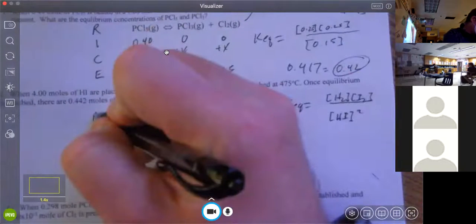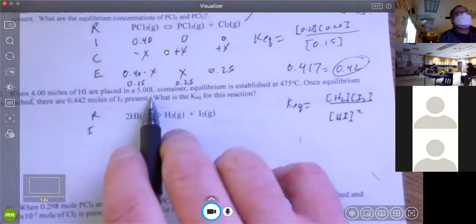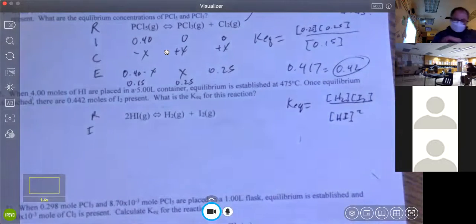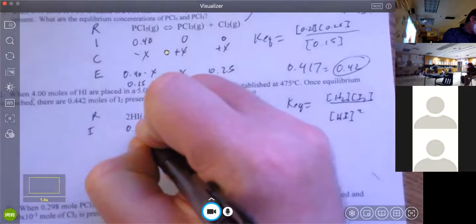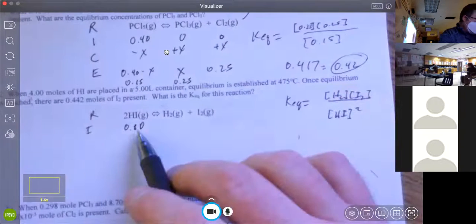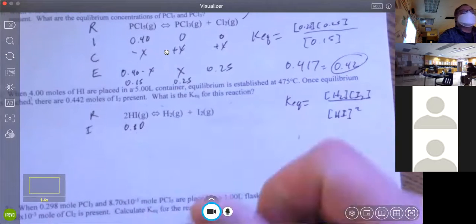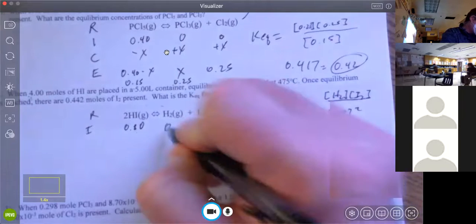Here we have our reaction. Our initial concentration is 4 moles per 5 liters. So 4 divided by 5. That's the starting concentration. Do we have any of these? No. So they are 0.